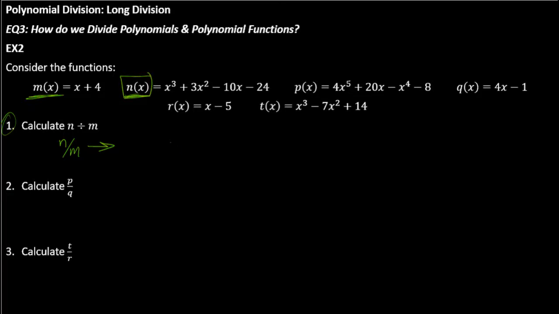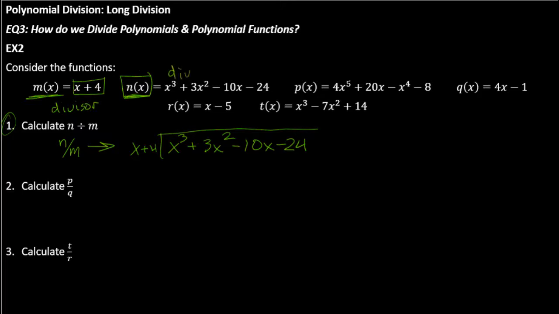So we're going to say x to the 3rd plus 3x squared minus 10x minus 24 is being divided by x plus 4, our divisor. This is our divisor. This is our dividend.